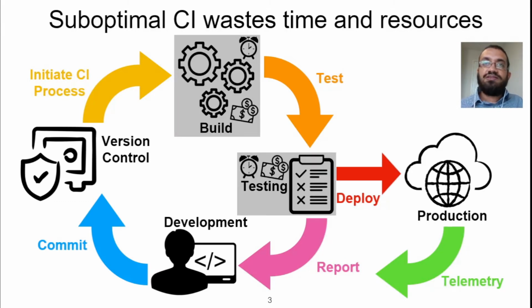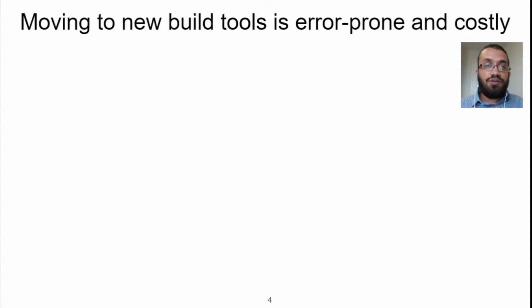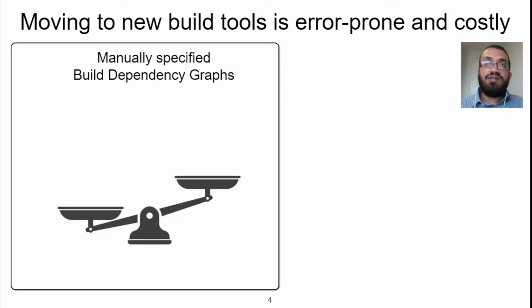However, if some stages of this process, such as build and testing, become slow, it becomes problematic. It affects developer productivity, costing time and resources for the organizations. Usually, the solution to such a scenario is building a new tool. However, these new build tools require manually specifying build dependency graphs.